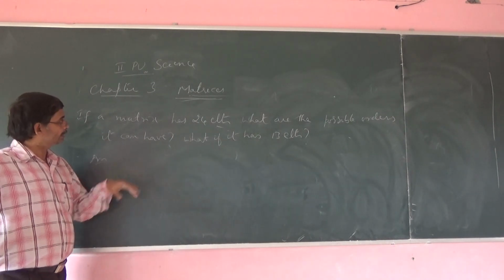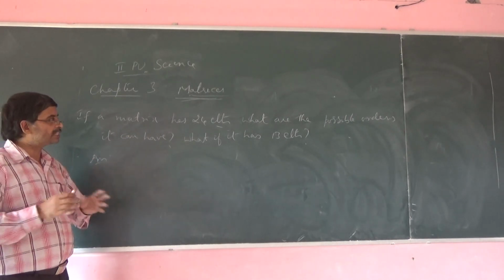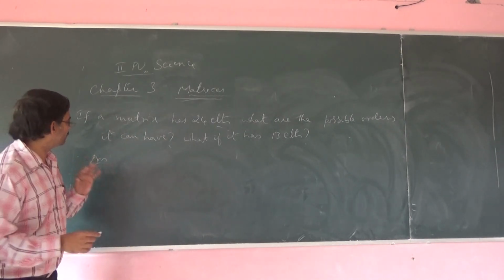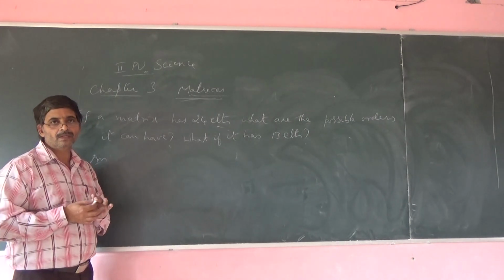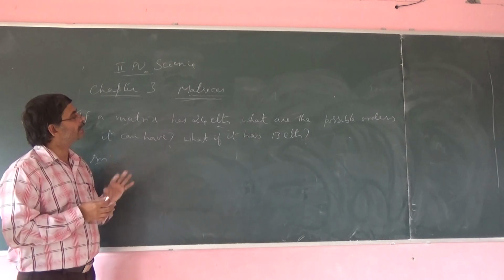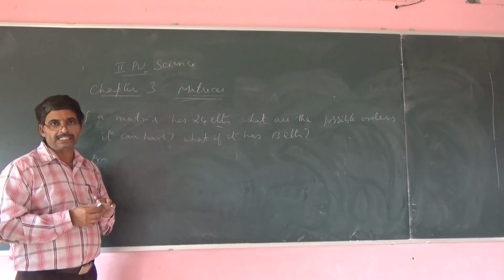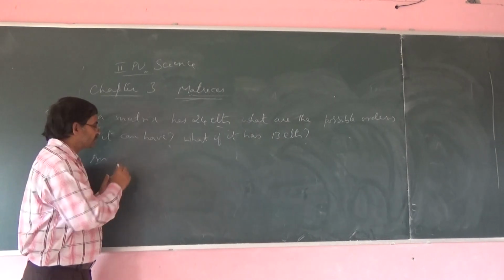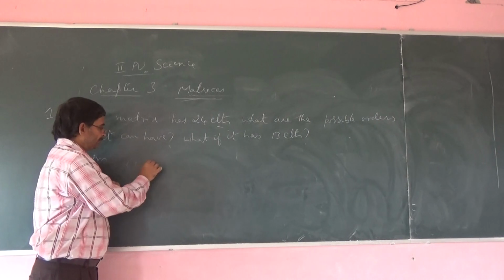What is given here is that it has 24 elements. Number of rows into number of columns is 24. We should get pairs such that the product is 24. So what are the possibilities? Starting with 1, it is 1 and 24.